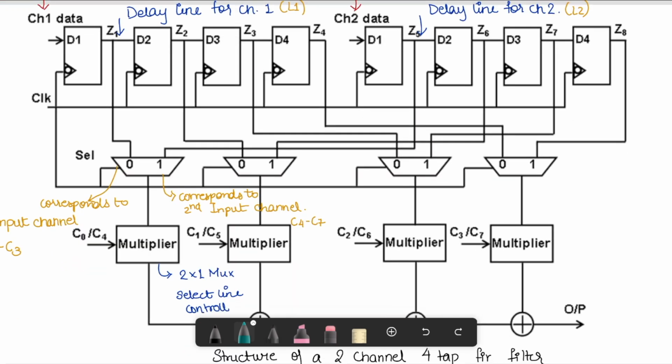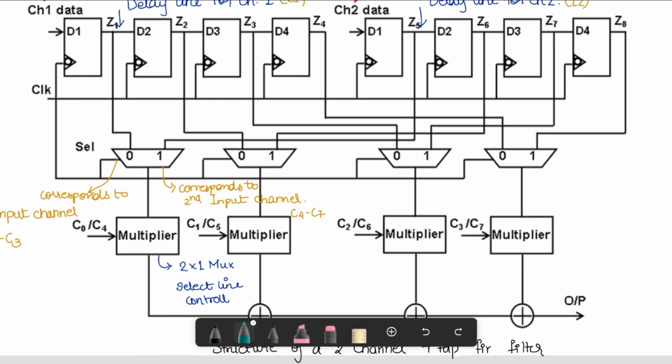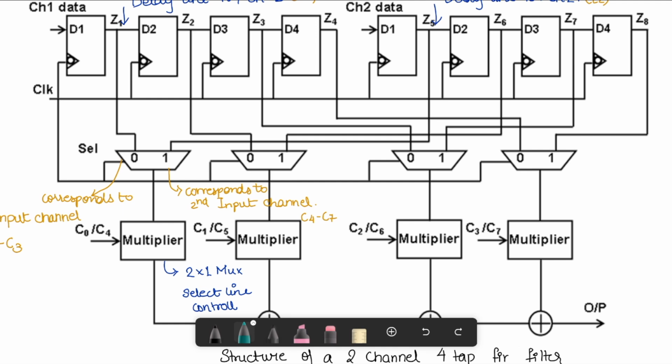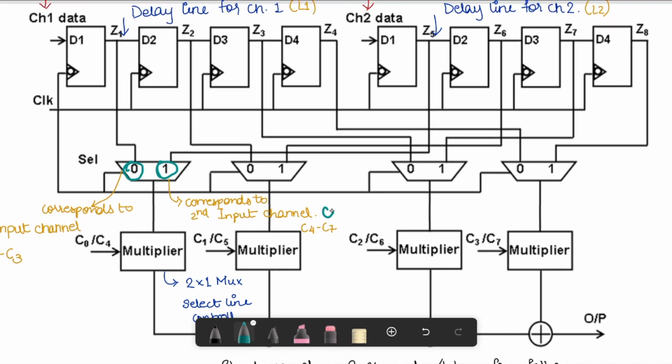Next, we have a select line. Over here, the select line has two components, 0 and 1. The 0 over here corresponds to channel number 1 and the 1 corresponds to the second input channel or CH2.